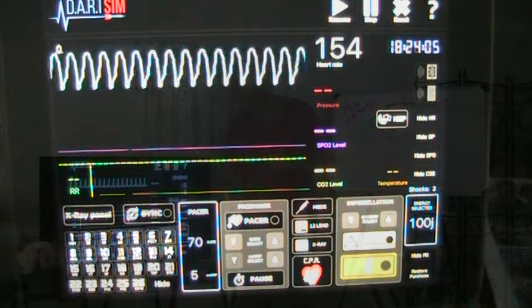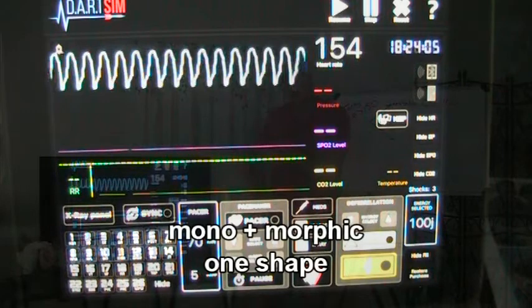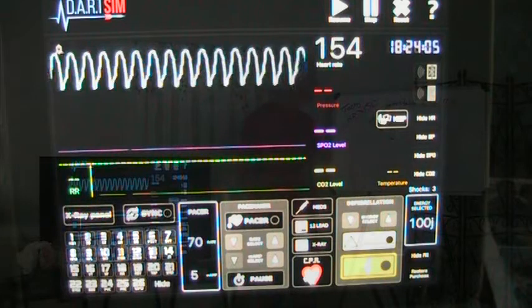That means that the rhythm doesn't have to be an SVT. It could, for example, be a wide complex tachycardia like this regular monomorphic VTAC. Patient in VTAC could be sitting there with a decent blood pressure having a conversation with you, or they could be profoundly symptomatic and satisfy the criteria for unstable.